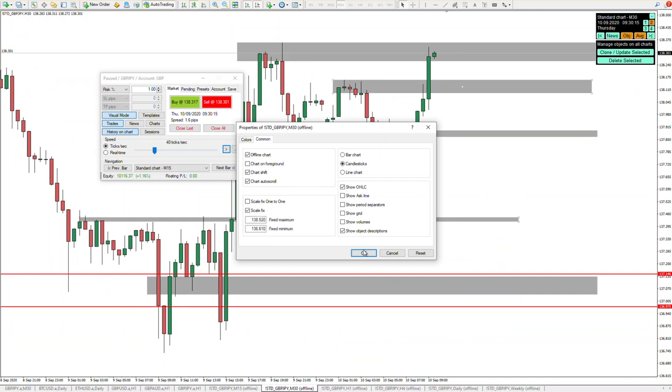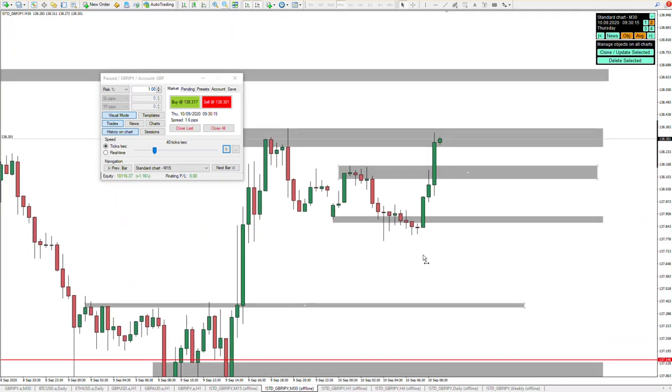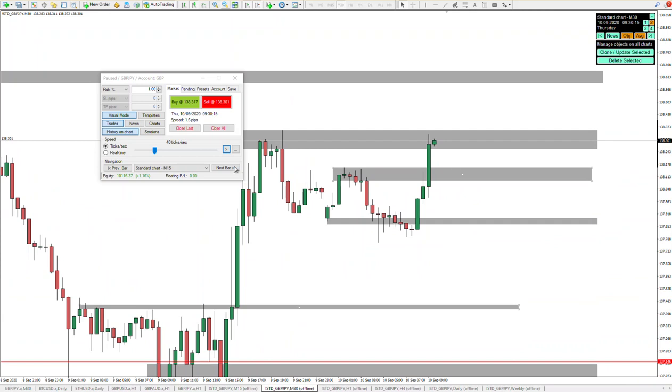Okay, it broke this high, tried to break that high, but it was rejected.